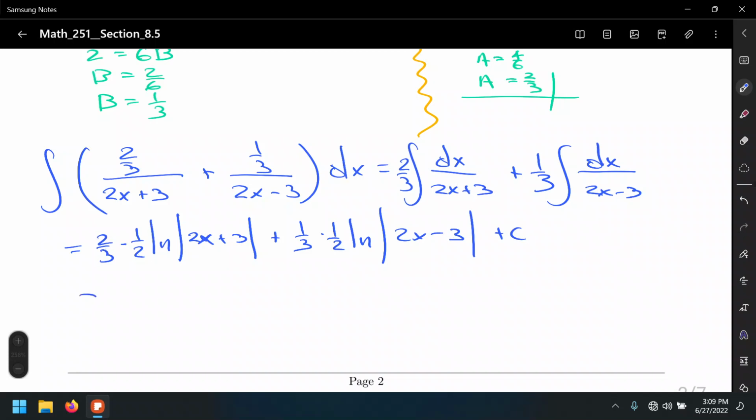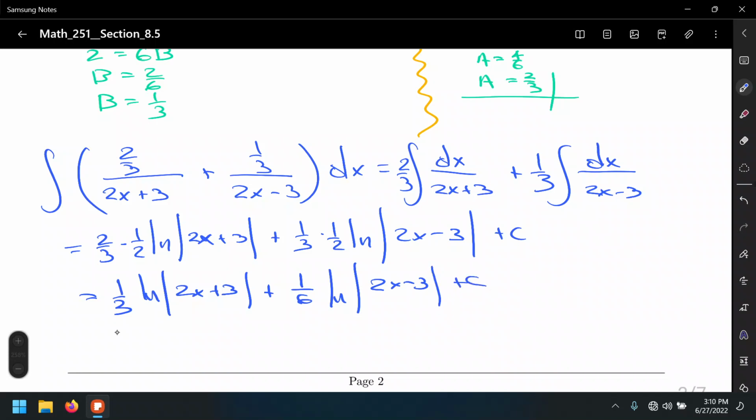So these 2's cancel, leaving us with 1/3 ln of 2x plus 3, plus 1/6 ln of the absolute value of 2x minus 3, plus c. Final answer.